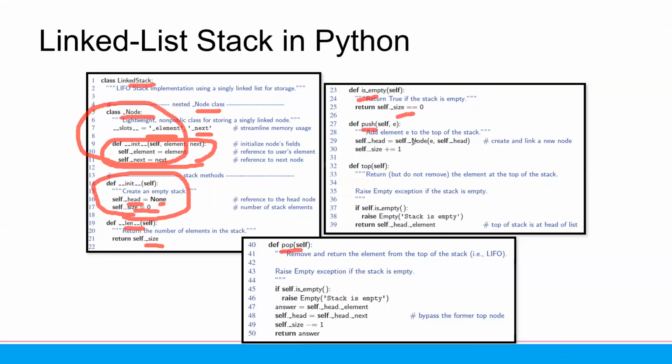We are going to push the node, the element, into the stack. What is pop? We want to remove the node, which is the node at the head. Top is only to find what is the top element of the stack.